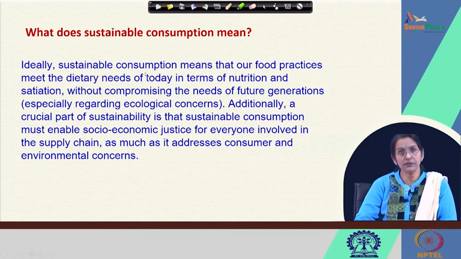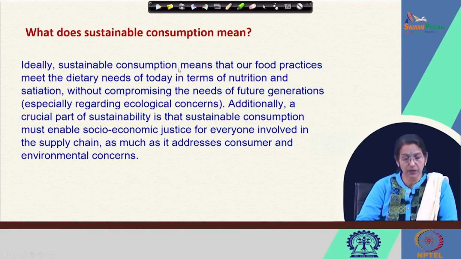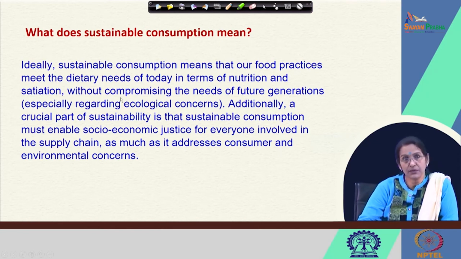Sustainable consumption, as we know, means that our food practices and dietary practices meet today's nutritional needs without compromising the needs of future generations. Because we are getting plenty of food materials and other materials, we should not waste them, rather we should distribute them and serve them to the poor and disadvantaged people who are not getting them.